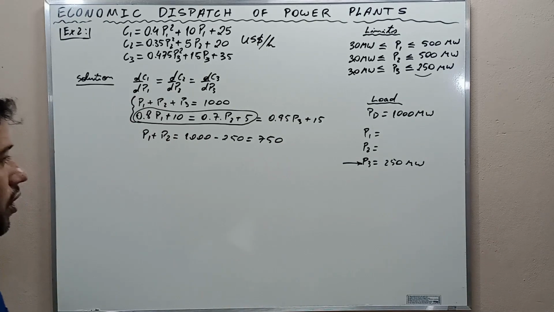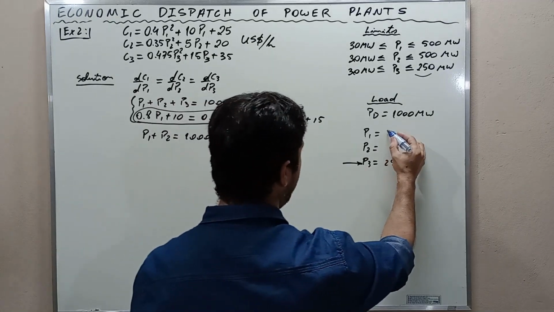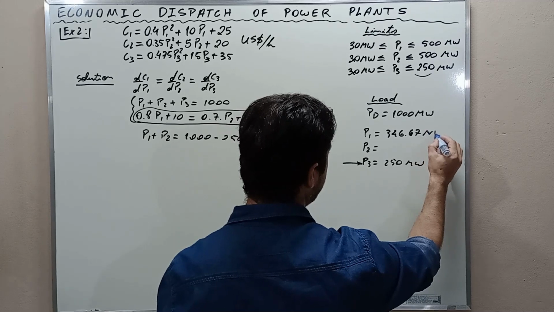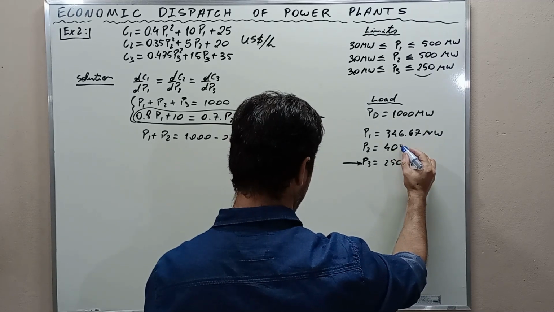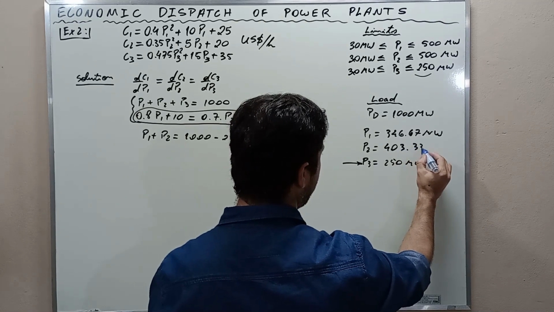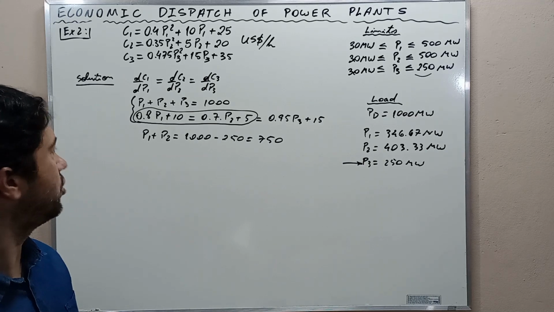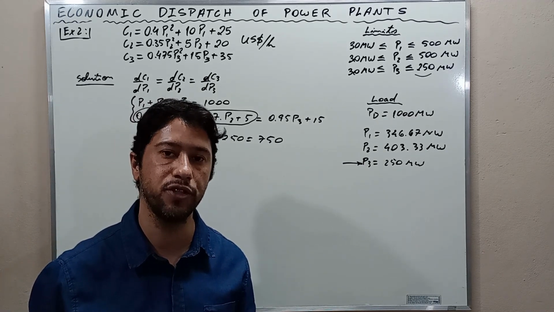Solving again, we find that P1 is 346.67 megawatts, and P2 403.33 megawatts. Okay, this is all for exercise 2. Let's go to exercise 3 now.